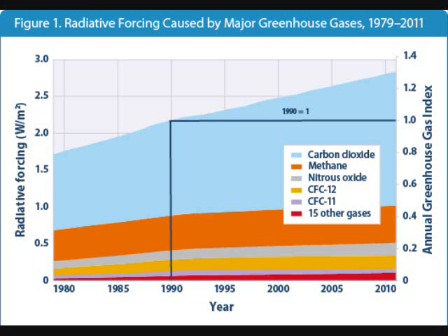And you can see blue is carbon dioxide, which is the most significant greenhouse gas, causing the most warming. Then you've got orange, which is methane, also a greenhouse gas. Gray is nitrous oxide, another greenhouse gas.